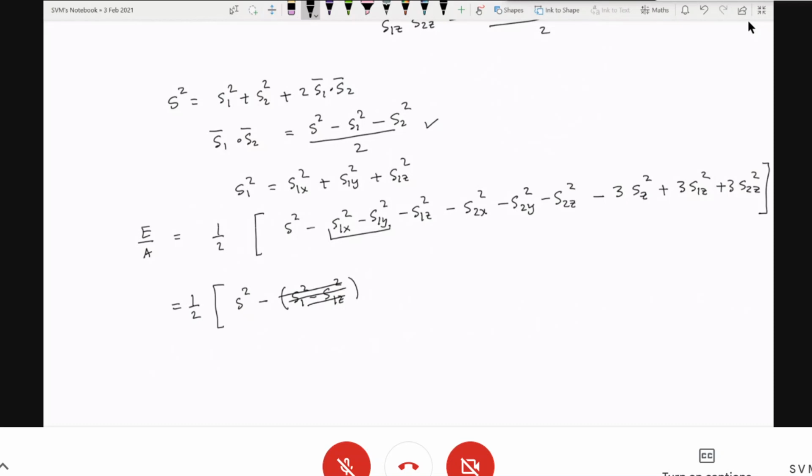So you can see minus S1z square plus 3 S1z square is 2.